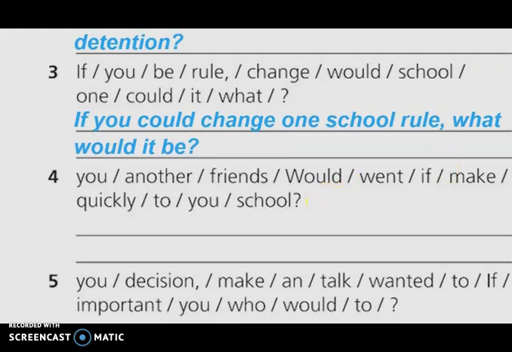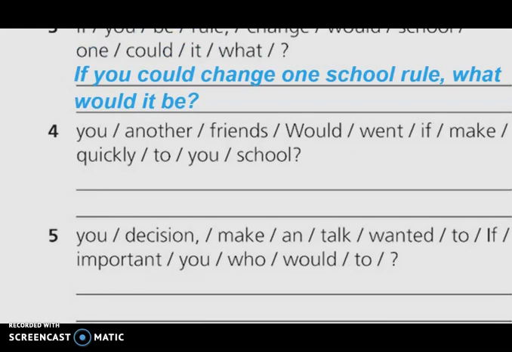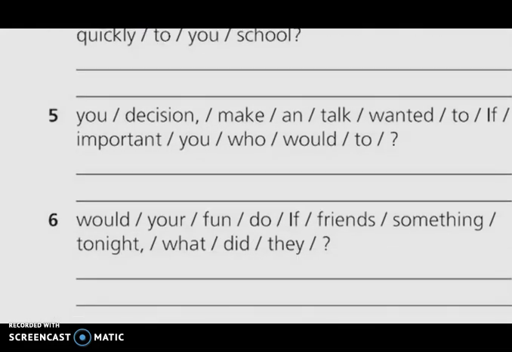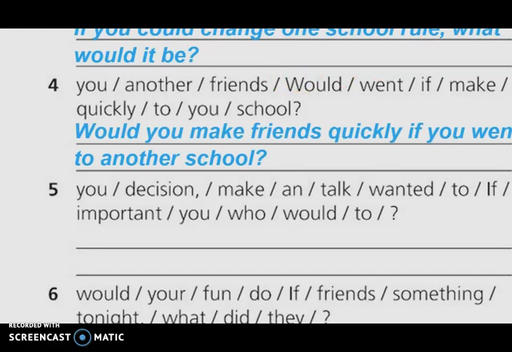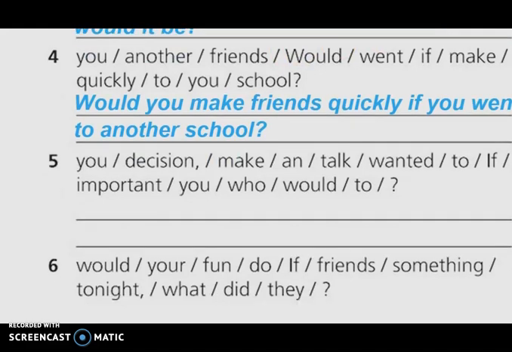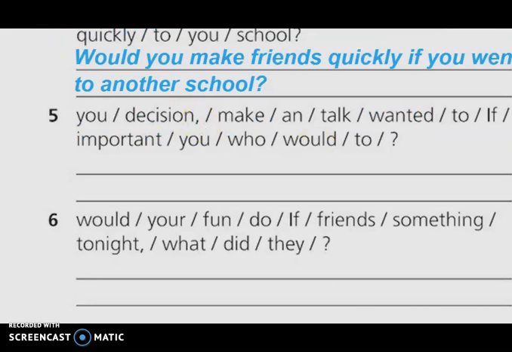Number 4 and number 5. Let's do number 4, and number 5 and number 6. Here we can see would in capital letters, so we have to start with would. Would you make a friend quickly if you went to another school? You have to complete 5 and 6 the same way.